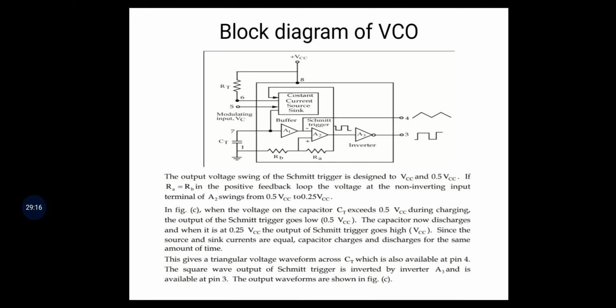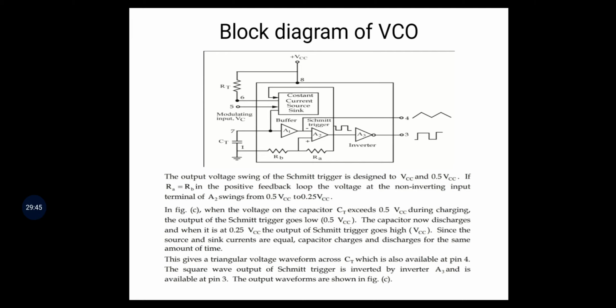Since the source and sink currents are equal, the capacitor charges and discharges for the same amount of time. This gives a triangular voltage waveform across Ct, which is also available at pin 4.